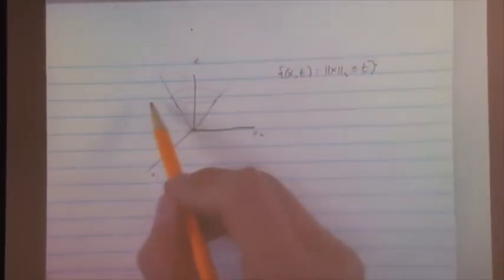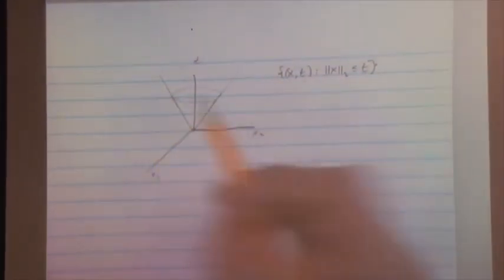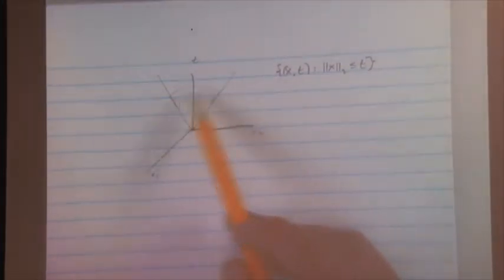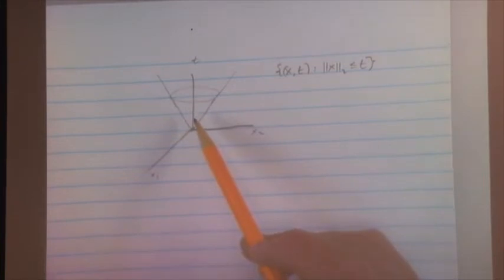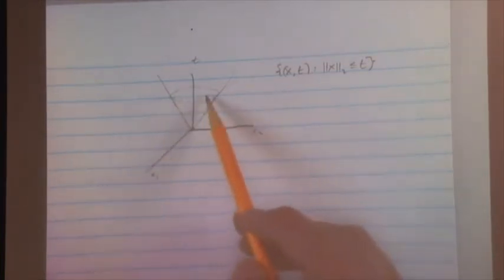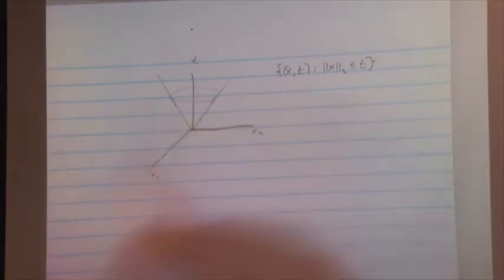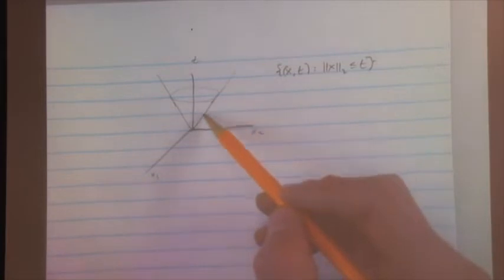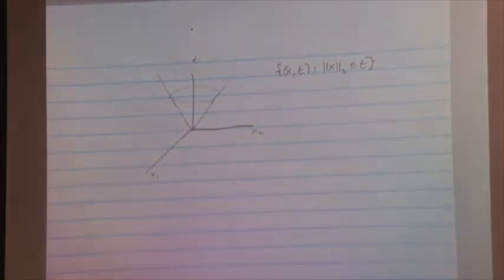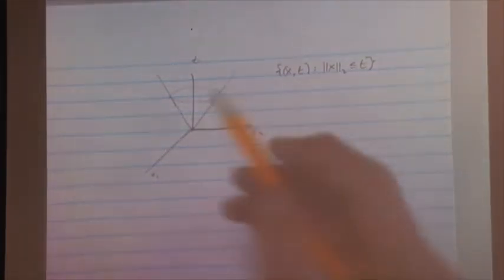So if I take a slice through this convex cone at any t, the points in that set have to satisfy that the L2 norm of x is less than or equal to that particular value of t. That defines a circle, or a ball. As I increase t, I just get these adjacent balls, and it forms the second order cone.